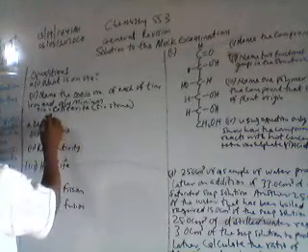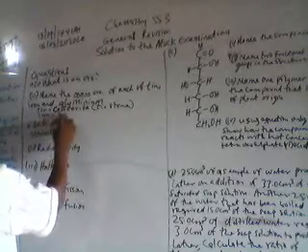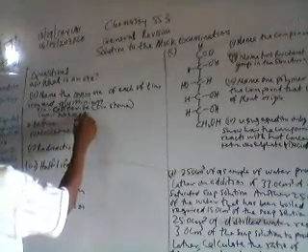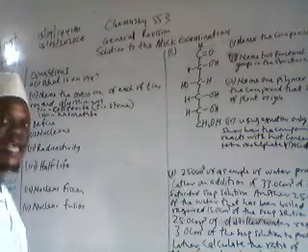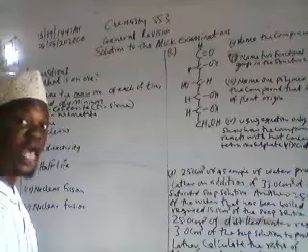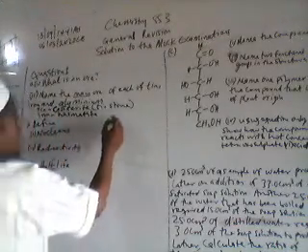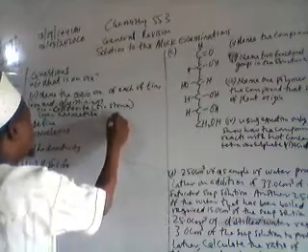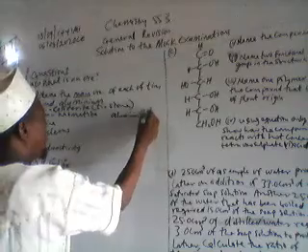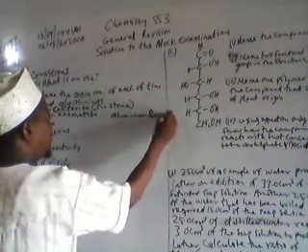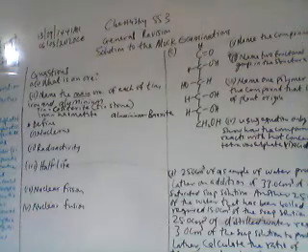The main ore of iron is haematite, and not iron pyrite or magnetite, as some of you stated. Though those are also ores of iron, they are not the main ore from which it is extracted. And the main ore of aluminium is bauxite. So please take note of that.